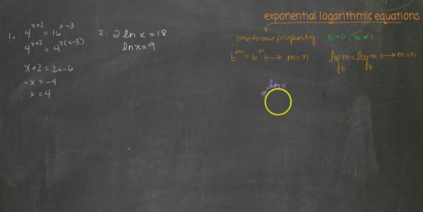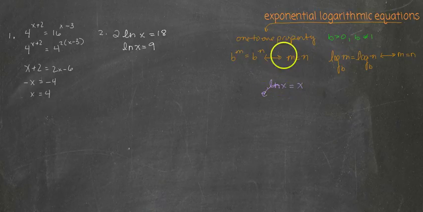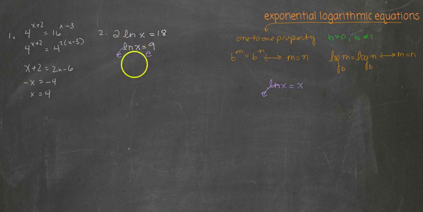It equals 1, and I would just be left with x. So let's make use of this in order to use the one-to-one property. If I raise both sides over e as a base, then the natural log of e disappears and I'm left with x equals e to the 9th power.